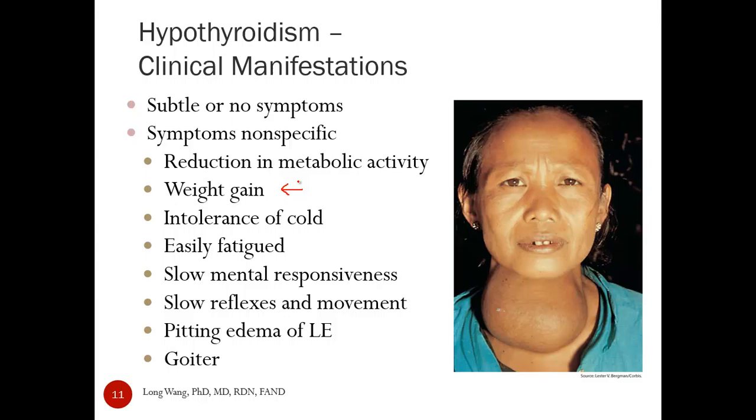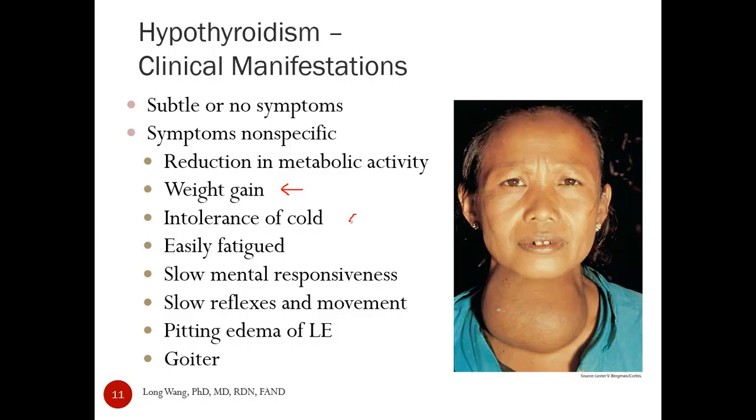And we know the pathophysiology in hypothyroidism is that the metabolic activity is decreased, and when we metabolize the macronutrients, about half of the ATP, or the energy generated, is dissipated as heat, which is very useful in maintaining our regular body temperature. So when the metabolic activity decreases in hypothyroidism, the heat production is reduced as well.